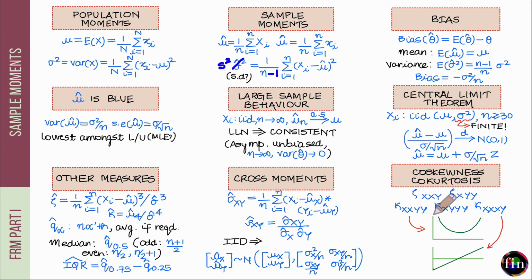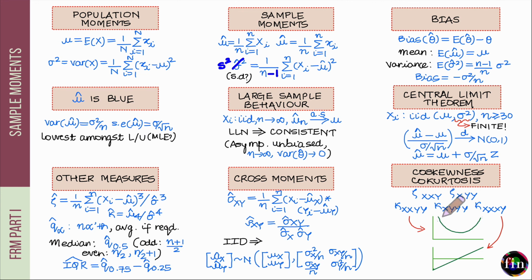If, let's say, for example, this cokurtosis is negative, what does it mean? It means that if y experiences a very large negative deviation, which makes y move to its left tail, because this cokurtosis is negative, there is a high chance that x will experience a positive deviation from its own mean.